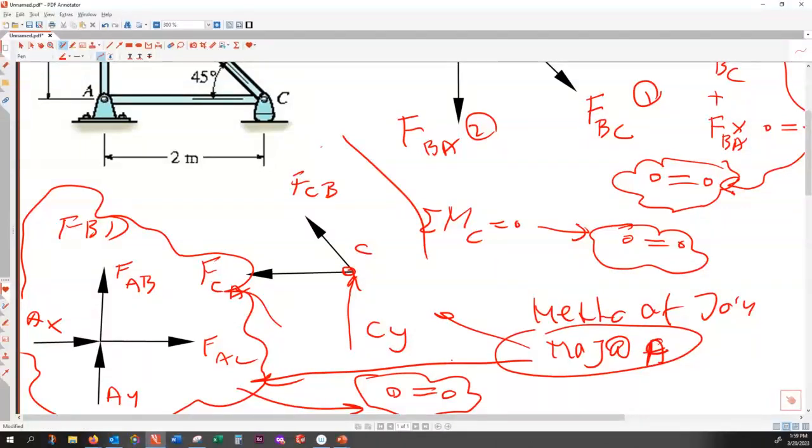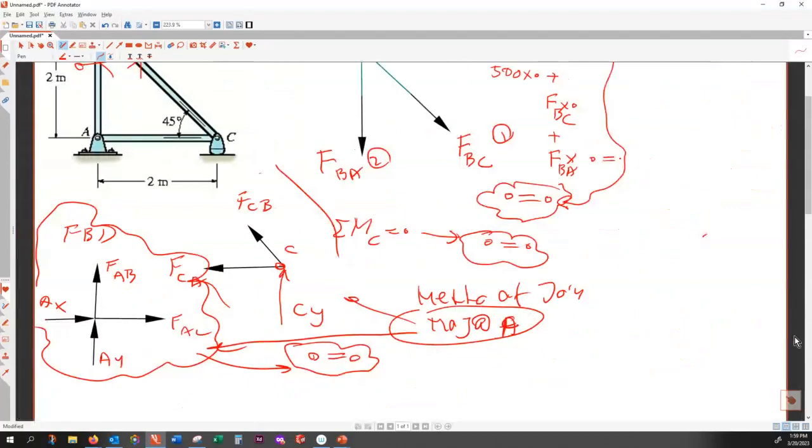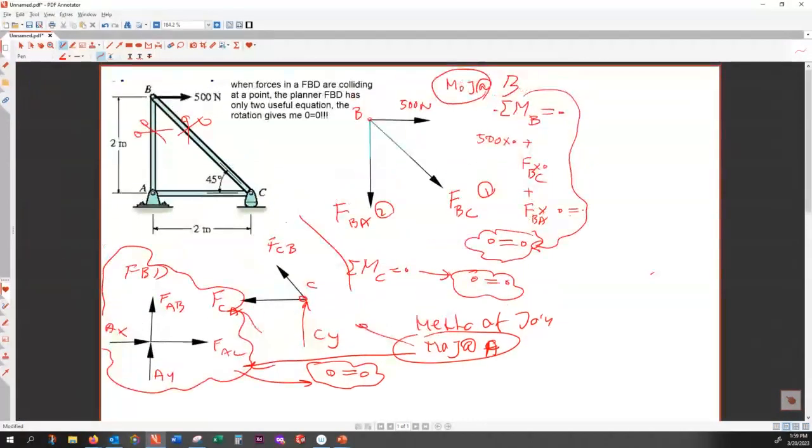So the big conclusion I want everyone to take from this problem is, whenever you apply method of joint, no matter which joint, this is the limitation of method of joint: the free body diagram becomes concurrent.